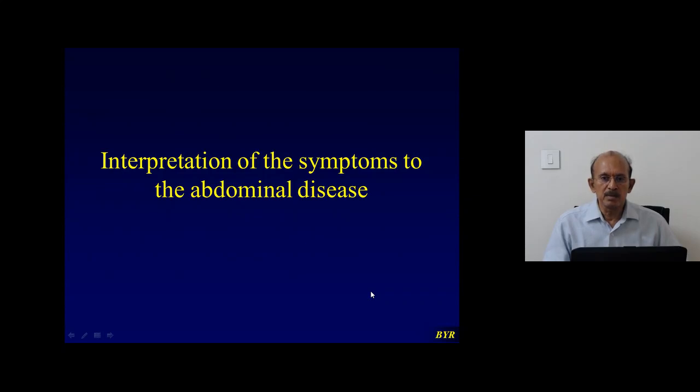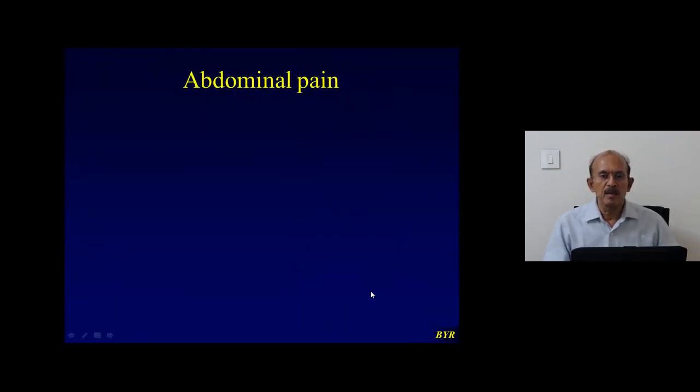Interpretation of the symptoms to the abdominal disease. If a patient comes to you and says he is having pain, how are you going to interpret that pain, and how are you able to deduce that the pain is produced by this particular organ in the abdominal cavity? So now let us see how we interpret the symptoms.